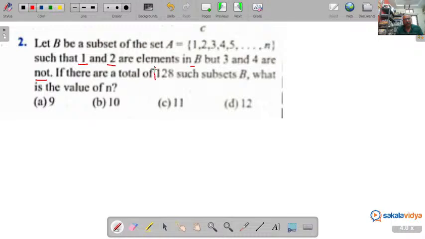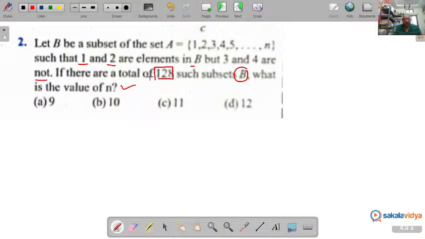If there are 128 such subsets of B, then what is the value of n?